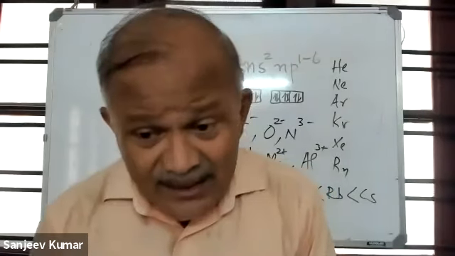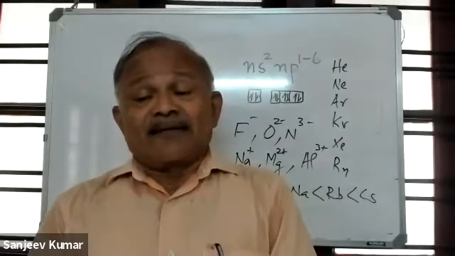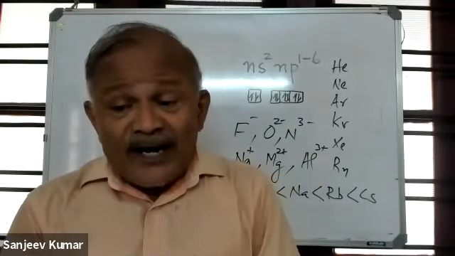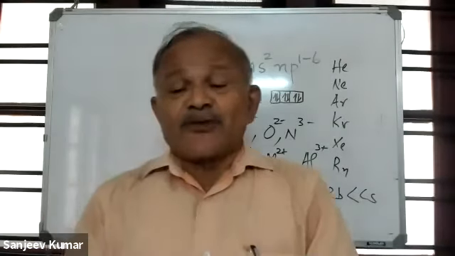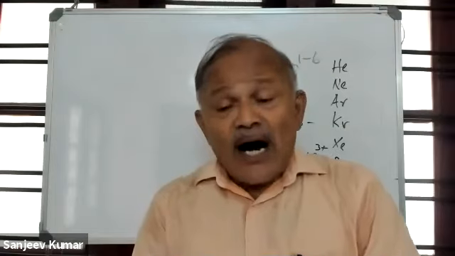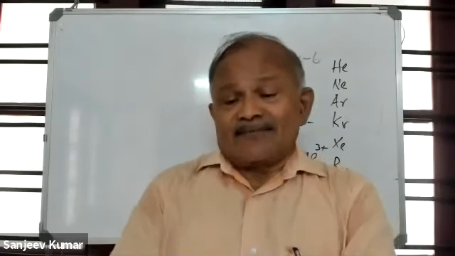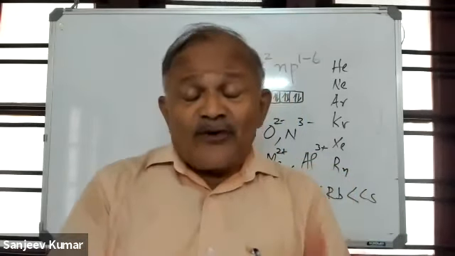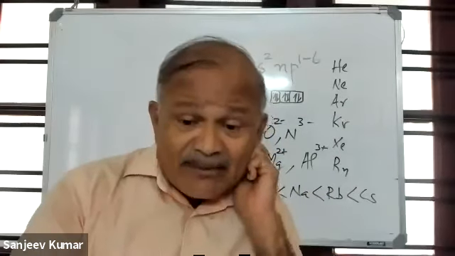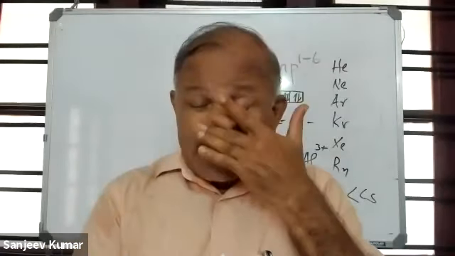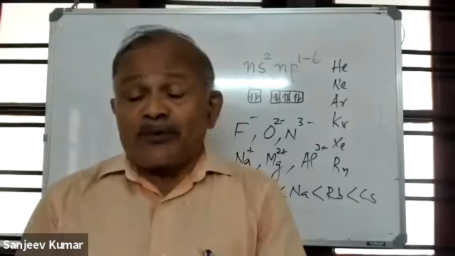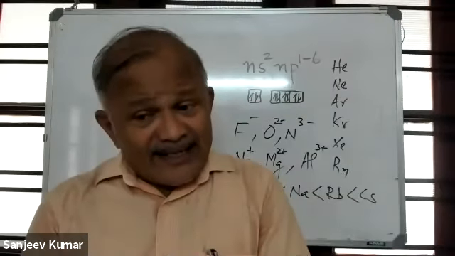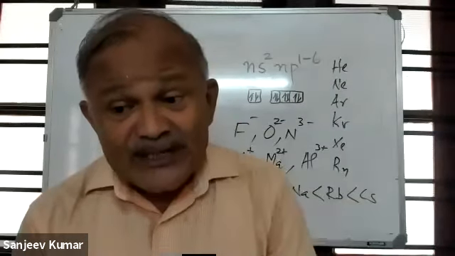But remember, chromium is an exception. It is 3d5, 4s1, because of the extra stability of half-filled and fully filled orbitals. According to that rule, the electronic configuration of chromium is argon 3d5 4s1.